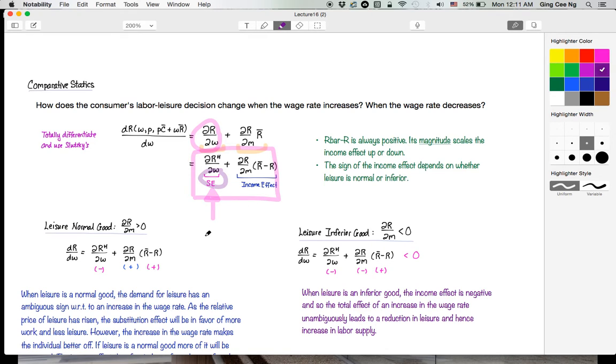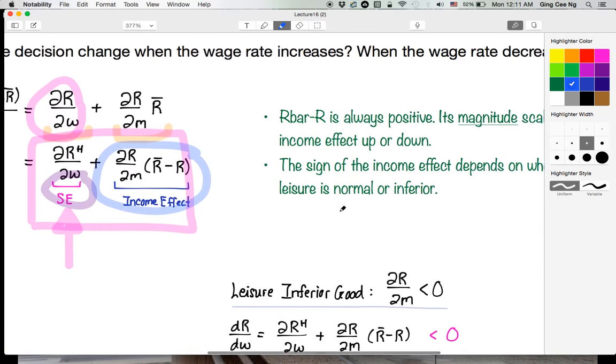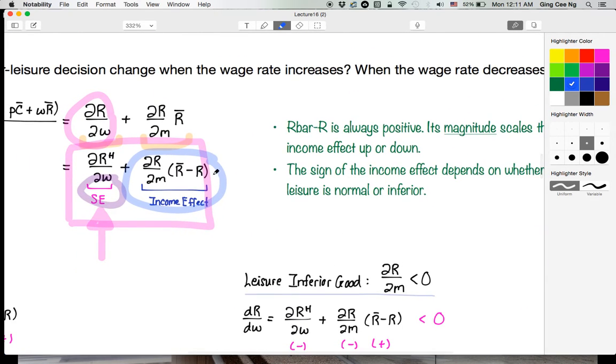Good. Now the income effect. The income effect is coming from the fact that the more you're getting paid for working, the more money you're making. So your purchasing power goes up, and you can probably guess where I'm going with this.